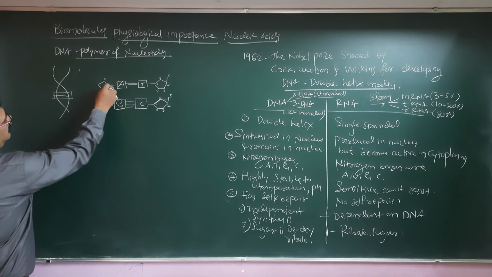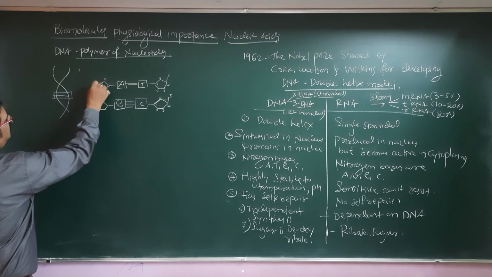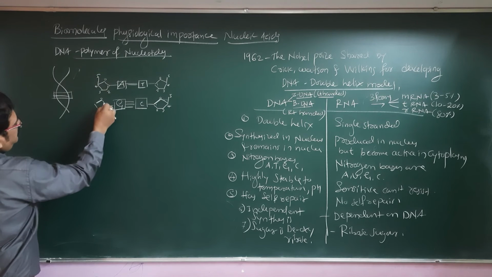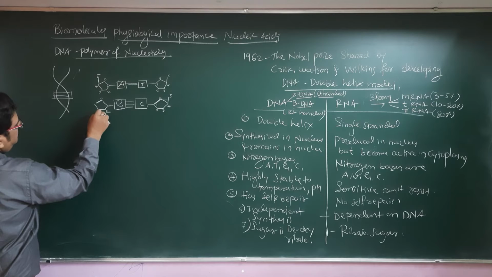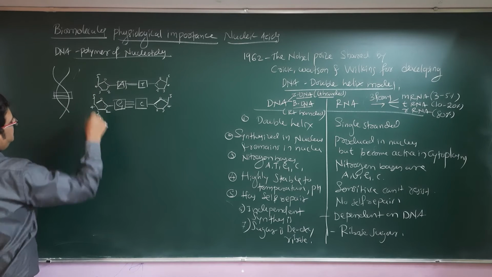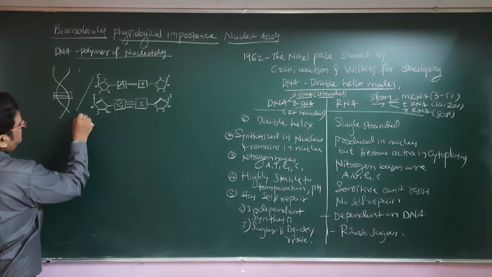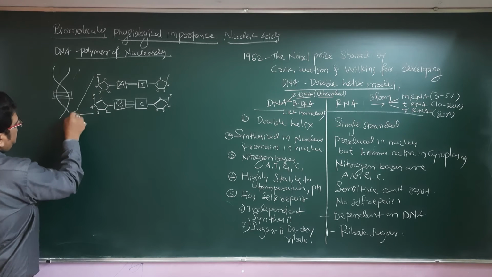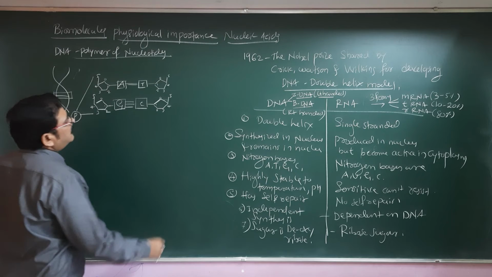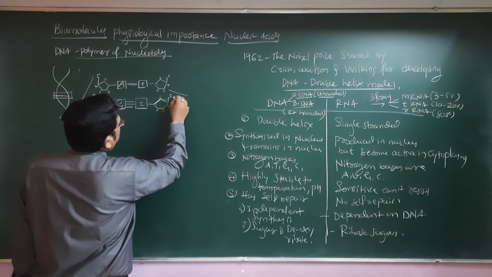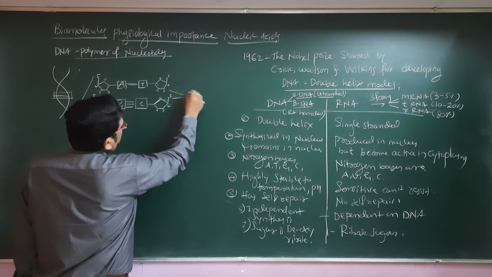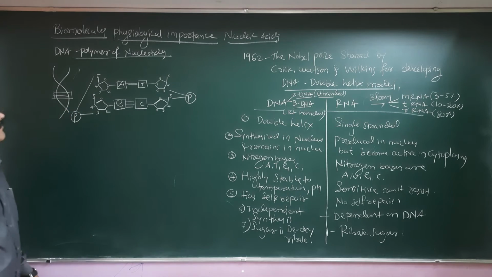Here also the first, second, third, fourth and fifth carbon. So this fifth carbon and this third carbon are connected by the phosphate group. Here also this third carbon and fifth carbon is the phosphate group. So we call it the phosphodiester bond.